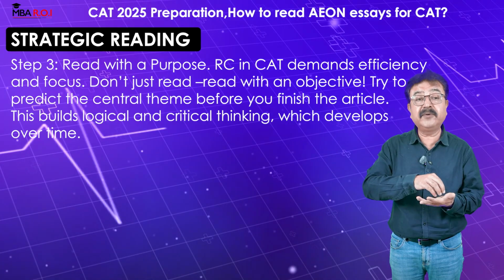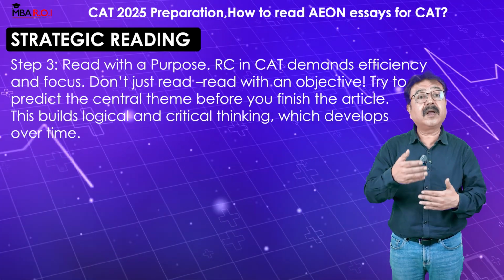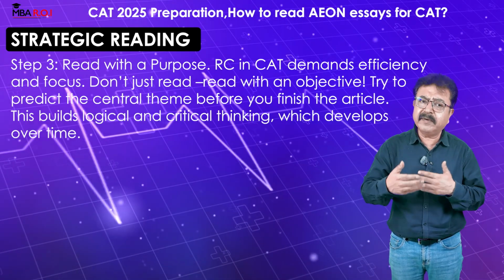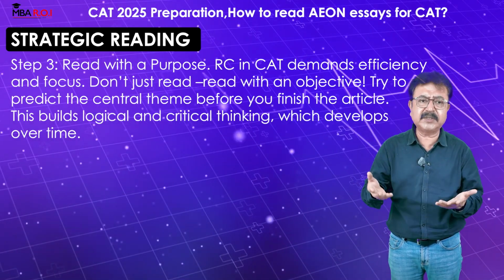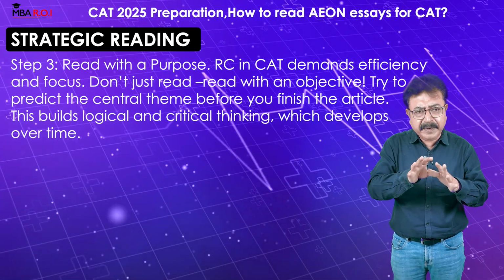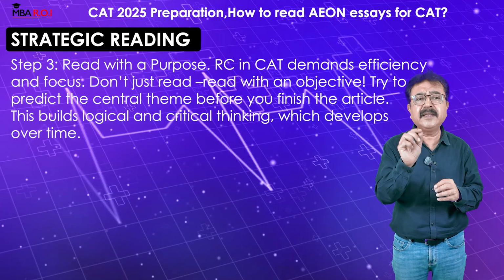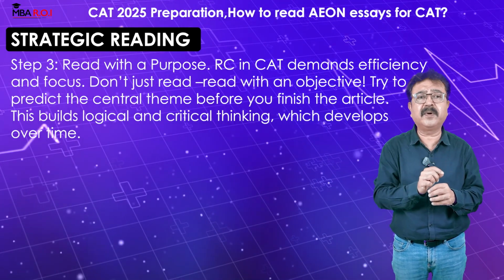Try and understand the different arguments given in the essay, counter arguments, and diverse issues that the article is handling. So please make sure that you are reading in the way that CAT demands from you.